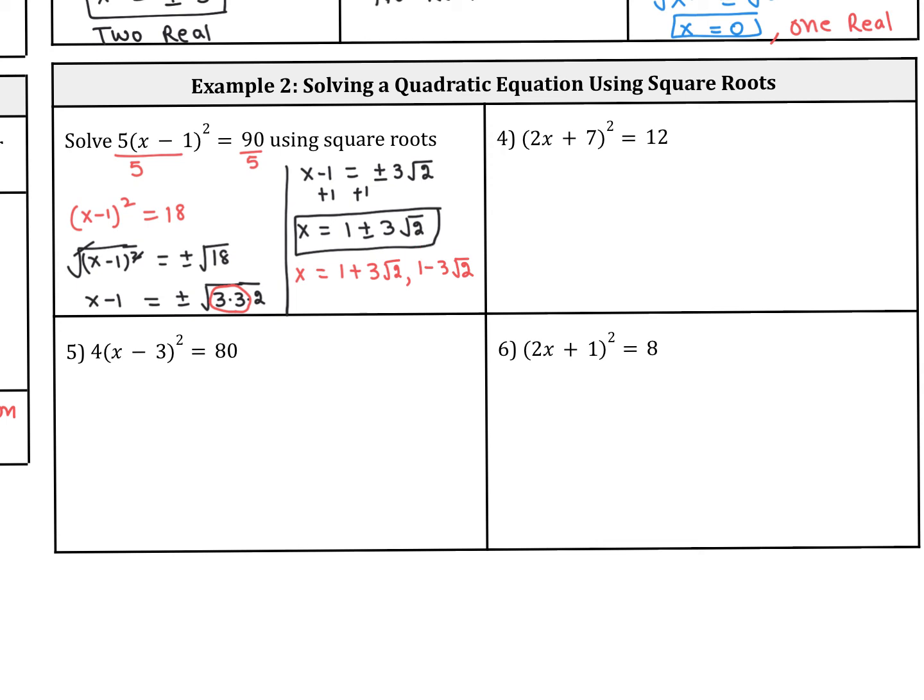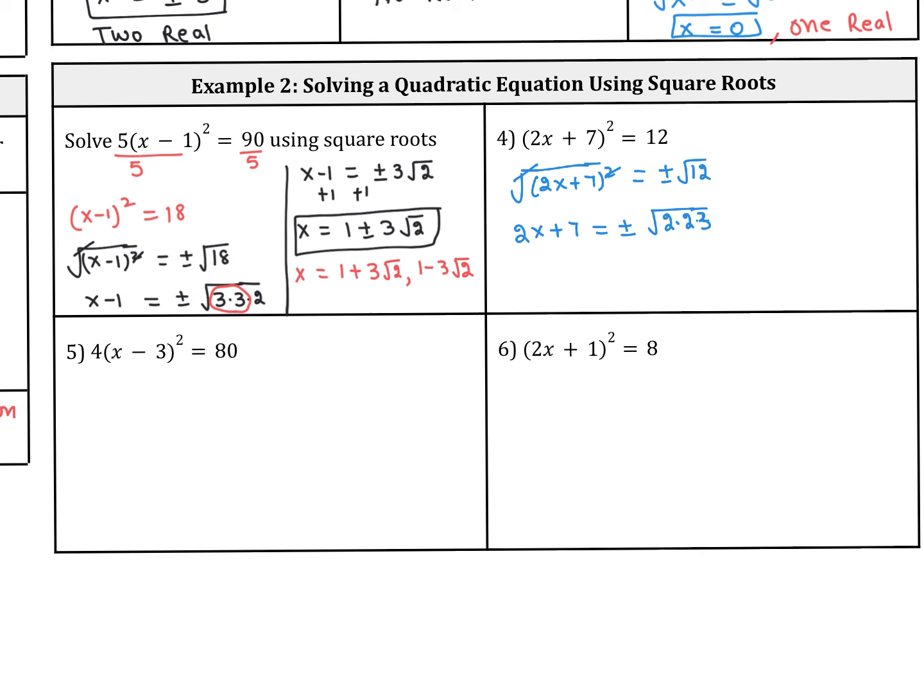Next, we're going to do number 4. We're going to take square root on both sides. You're going to get plus or minus 12 here. Square and square root cancel. So you got 2x plus 7 equals plus or minus square root 12.